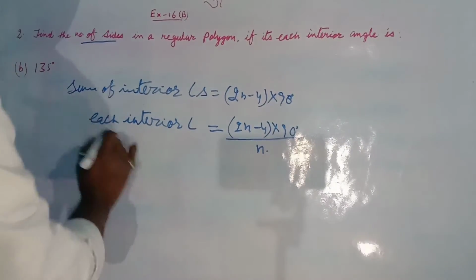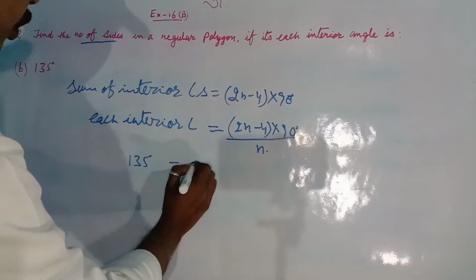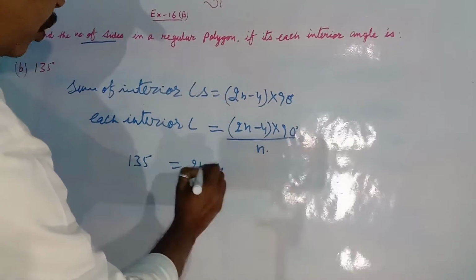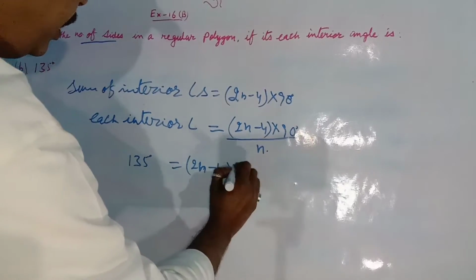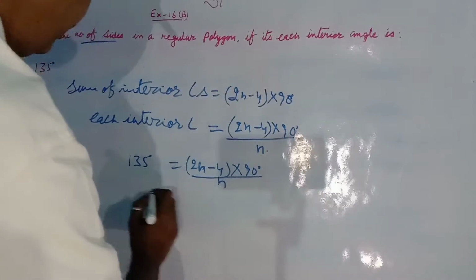Now we know that given here 135 degree equals to 2n minus 4 into 90 degree divided by the number of sides, n.